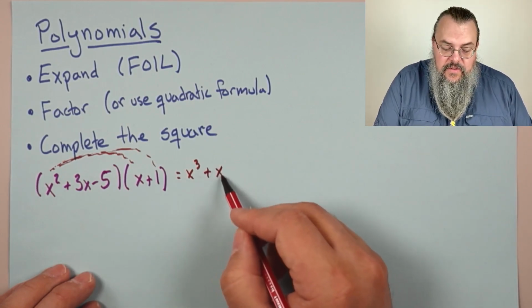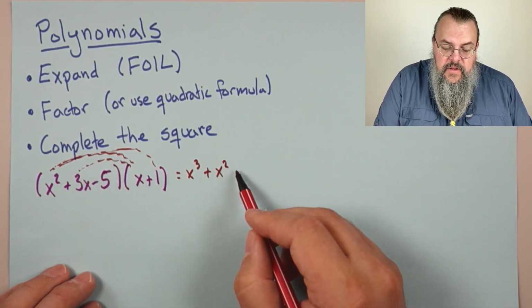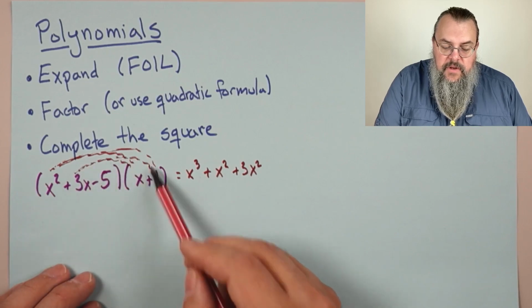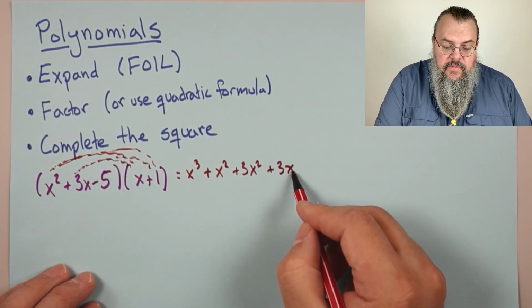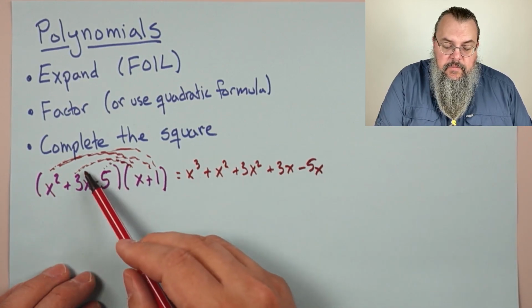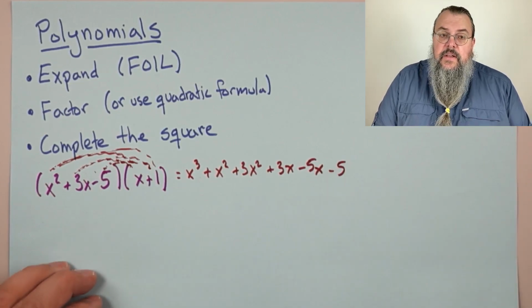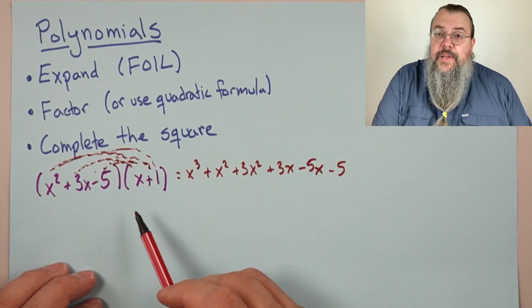That's x squared. 3x multiplies by x. That's a 3x squared. 3x multiplies by 1. That's 3x. Minus 5 times x. Minus 5x. And minus 5 times 1. Minus 5. Right? So each term in the first, each term in the second comes together.